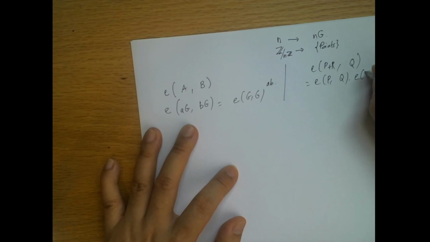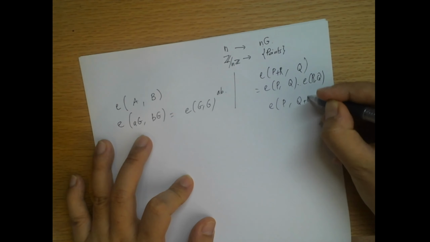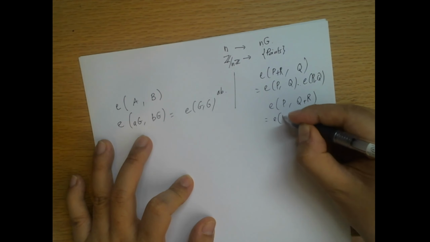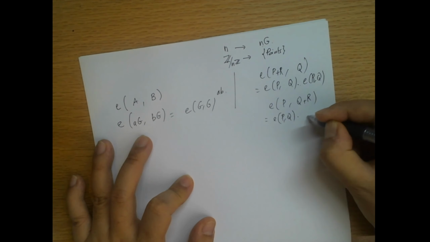So the sum here became a product. You could expand the plus into some product if it's on the left side, and the same is true on the right side. So if you have P, Q plus R, it's also equal to PQ times PR.